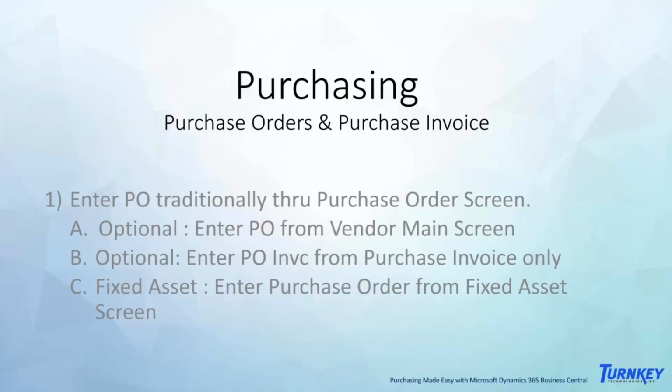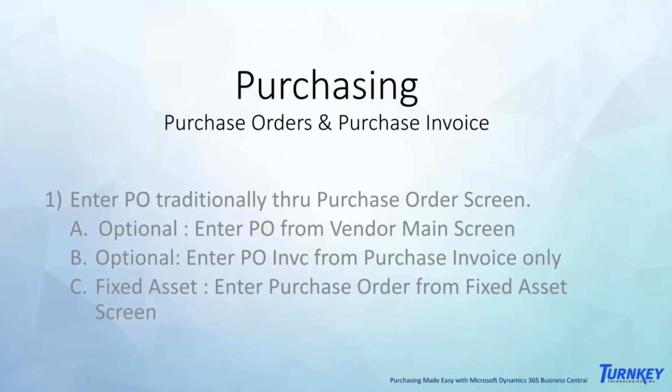Microsoft is really trying to help you to have a one-stop look and feel, so I'll take you to the vendor main screen and show how you can enter an invoice, a purchase order, and a credit memo. Then we'll show what it is to enter a fixed asset, not only to purchase the asset, but to actually enter some maintenance cost against that and track that.